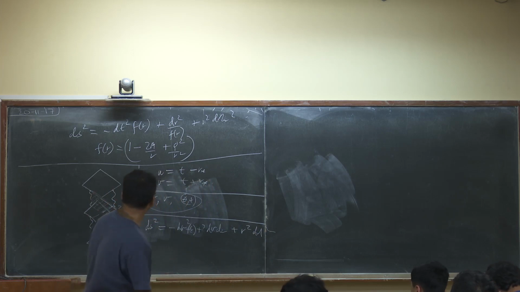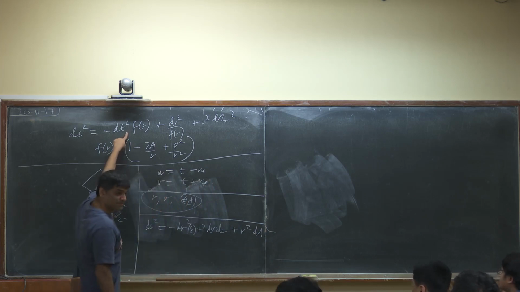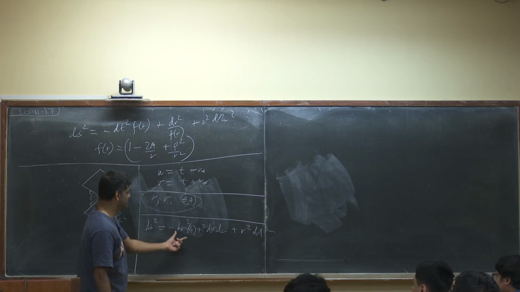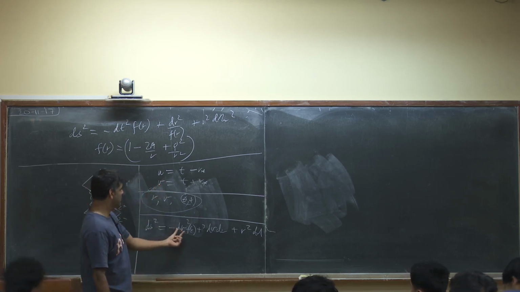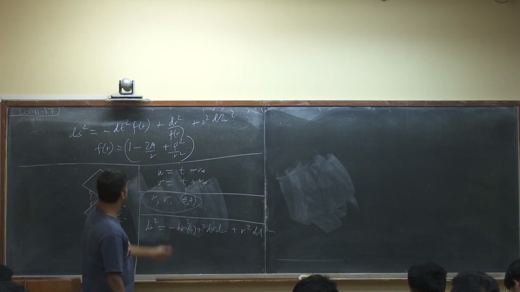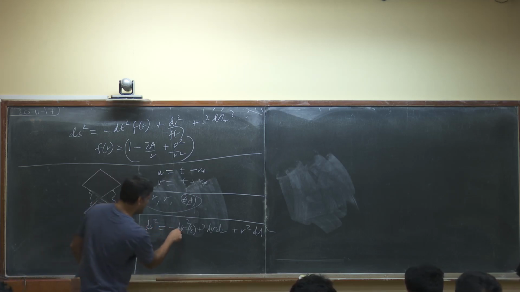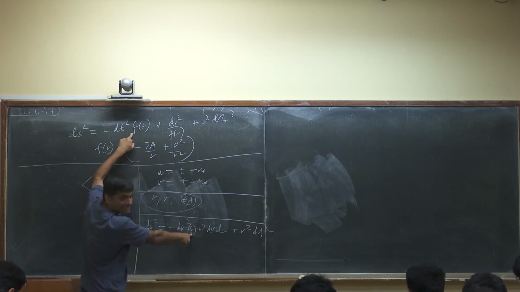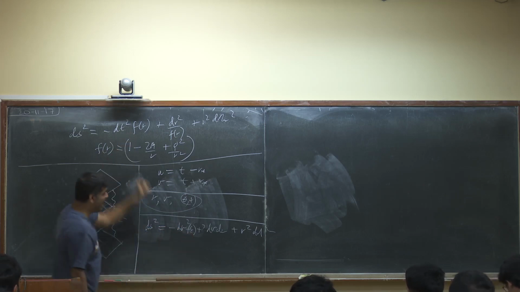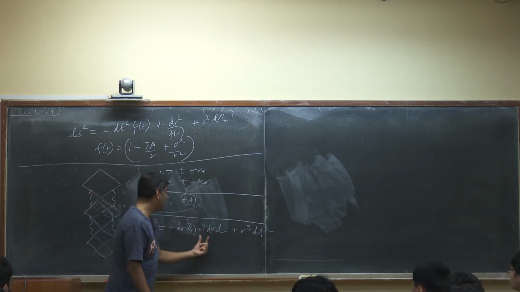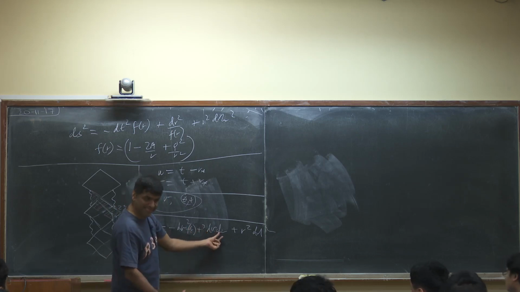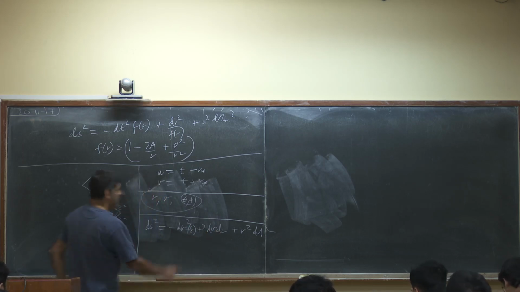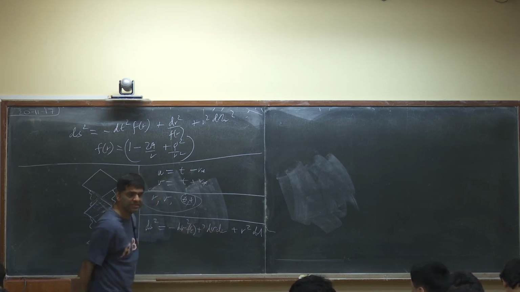Do you see how this is equivalent to the previous form? To see this, just put the definition in here. What we will get is minus dt squared f of r, which is clearly here, and then various dr dt terms and dr squared terms. That the dr dt terms cancel is obvious.